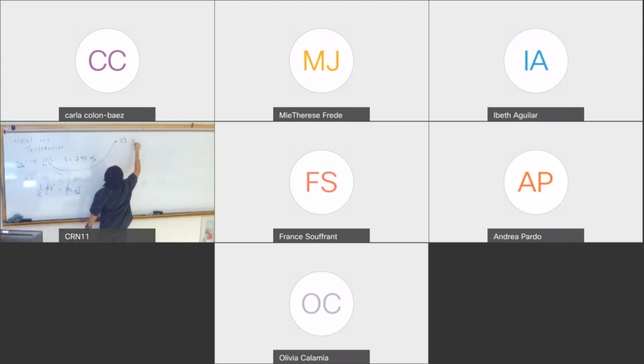I can do this: 113 calories per kilogram Celsius, times 1 calorie is 4.18 joules. So calorie cancels, and then you get that 113. We did units conversion, right?